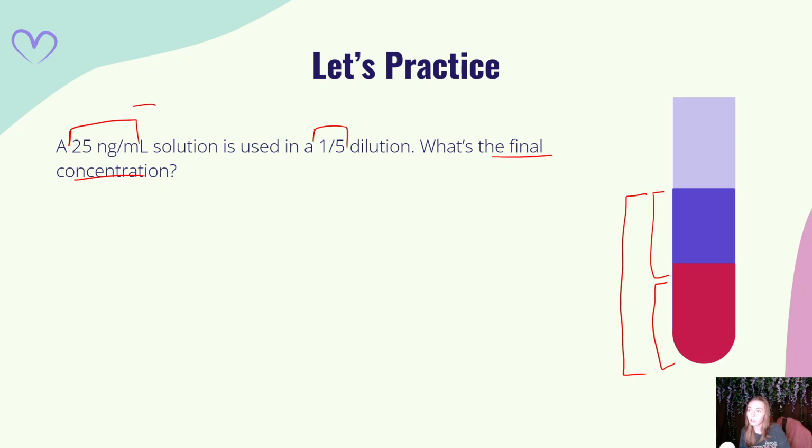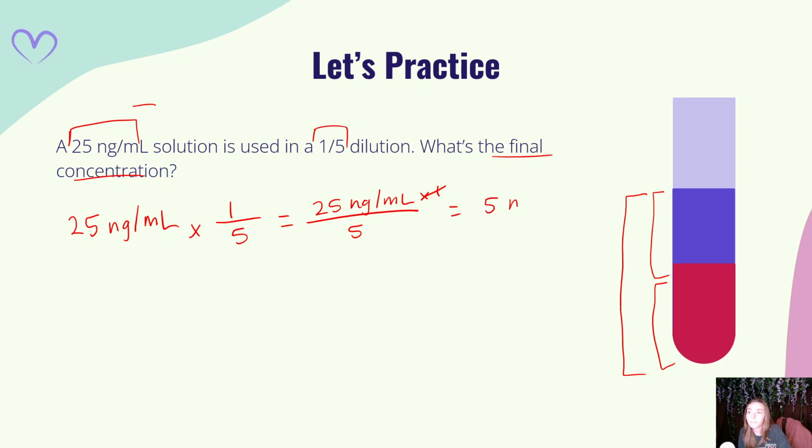So we started with 25 nanograms per milliliter, and we put it in a 1/5 dilution, which means that our result is going to be 25 nanograms per mil divided by 5, because we're just multiplying it by the fraction, right? So 25 times 1 divided by 5. We don't worry about that because 1 doesn't matter. 25 divided by 5, you are going to have a 5 nanogram per milliliter concentration as your final concentration.